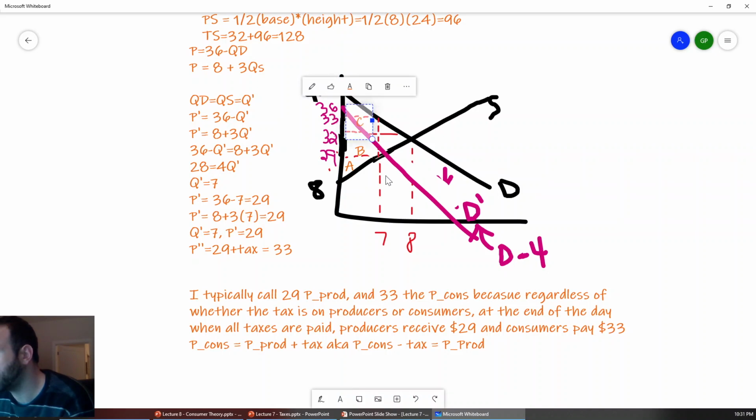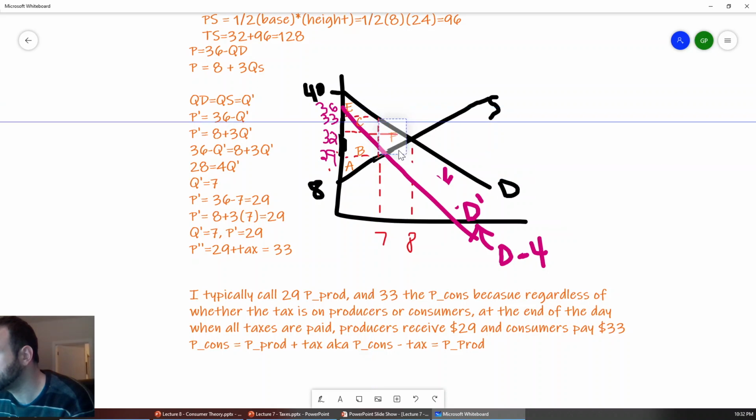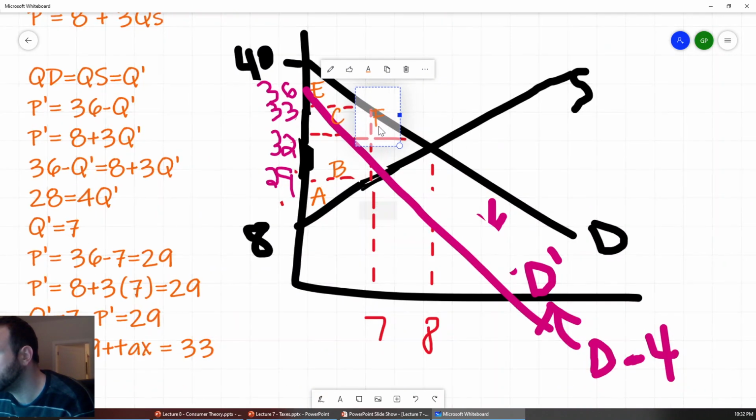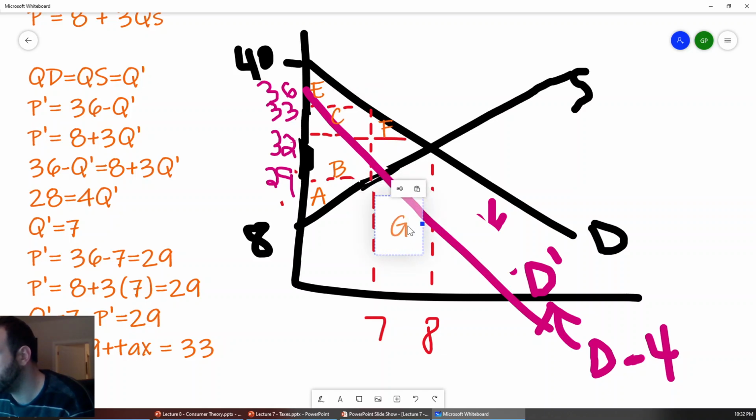C is the rectangle above it. E is there. I wish it would stop doing that. There we go. F is there. And then G is there.